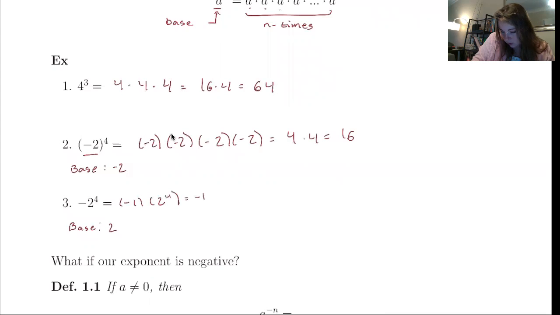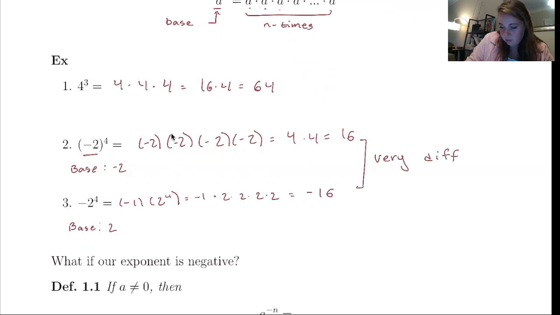The negative sign we can always think of as a hidden -1. So it'd be -1 times 2 times 2 times 2 times 2, which will actually give us -16.